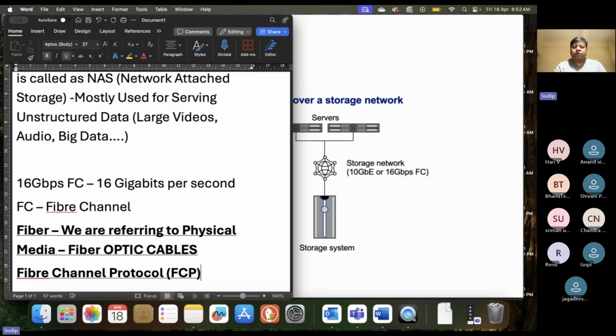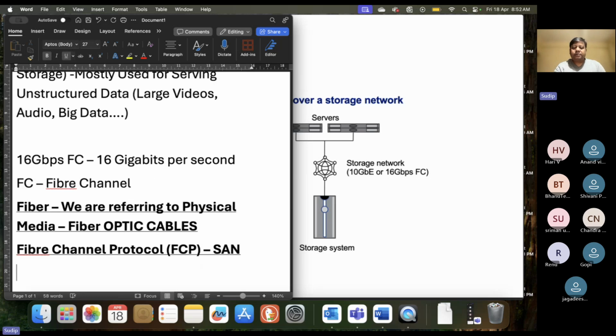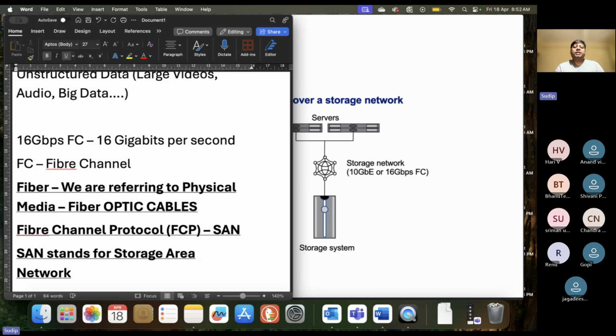This protocol is used to develop a special kind of network called a SAN, where SAN stands for Storage Area Network.